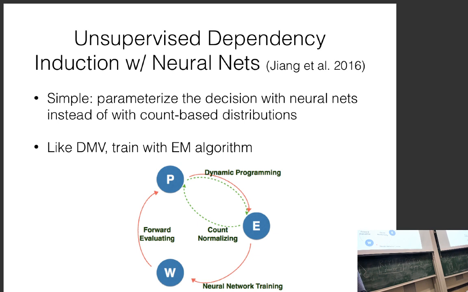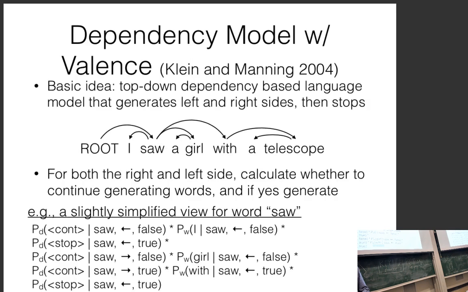Basically, they're relying on the fact that you expect the neural network to be a better method of parameterizing this function than a regular count-based model. So your neural network takes in saw, it takes in left, it takes in false, and then it tries to predict the action. Then it takes in saw, it takes in left, it takes in false, and tries to predict I.